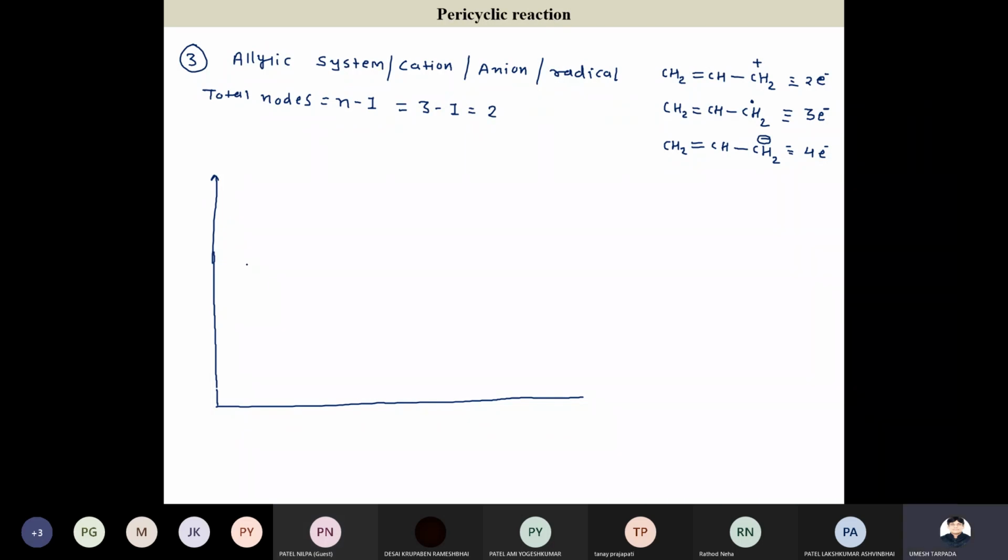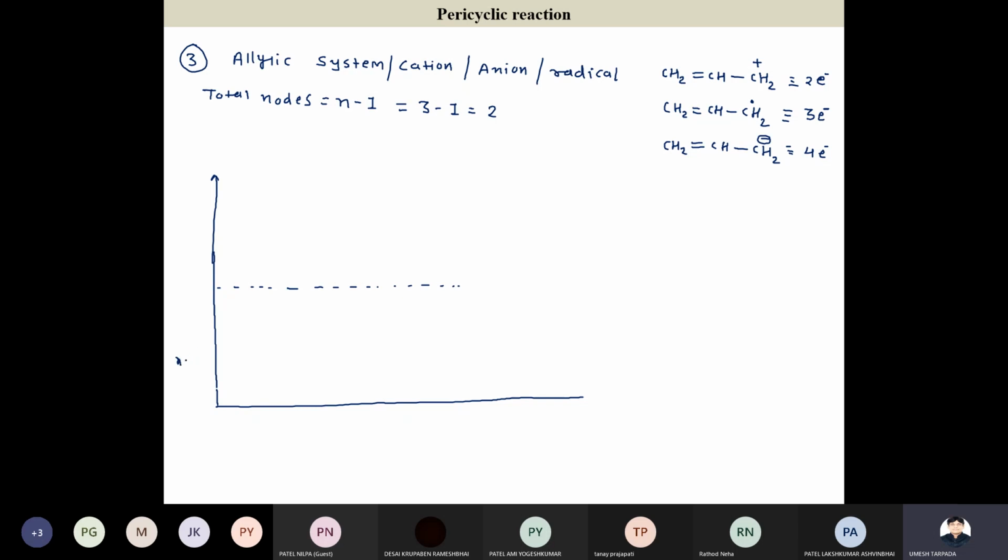Now 3 pi centers are there, so you have 3 levels. One is non-bonding, because this positive charge, or this 1 electron, or here 2 electrons, remain as non-bonding. So one non-bonding level, one bonding and one anti-bonding: you can have 3 levels.